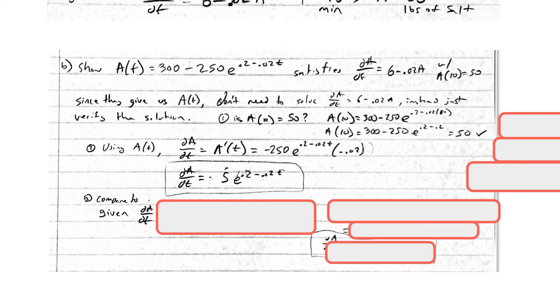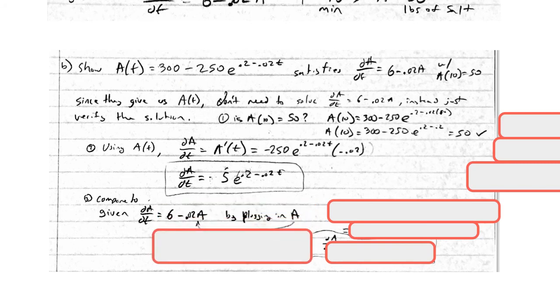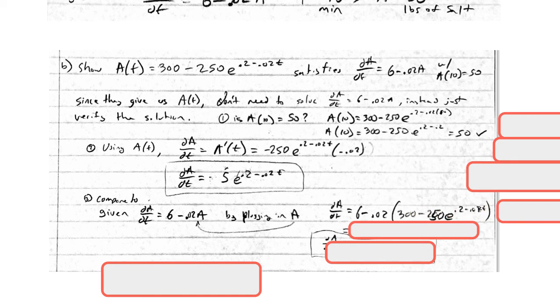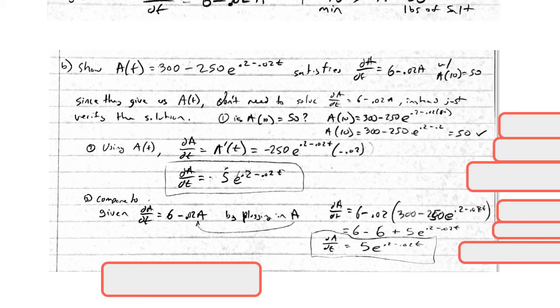It's this original function. I'm going to plug in the original A function into dA/dt. So I get 6 minus 0.02 times A, and when you distribute out the 0.02, you get 6 minus 6, and that works out nicely. We get dA/dt equals 5e to the 0.2 minus 0.02t, which is the same as we got here. And so that's how that works.